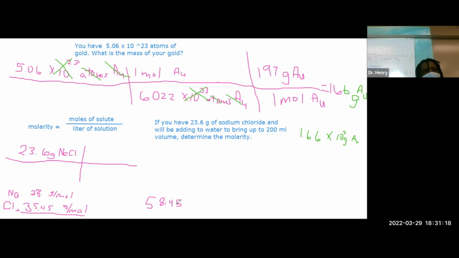That 0.45 could play a part depending on how many you have. Here it's not going to play too much, but you want to be safe. That's grams per mole.